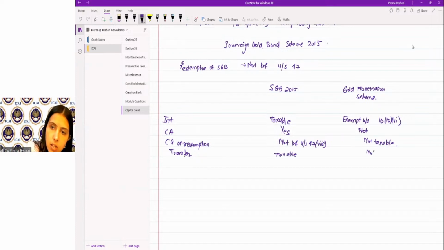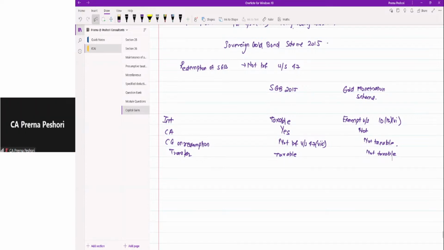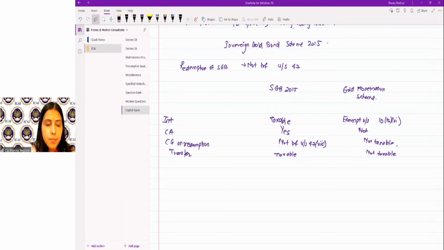This is not taxable. Clear? Are we clear? Any doubt?